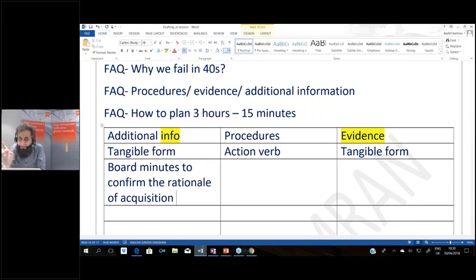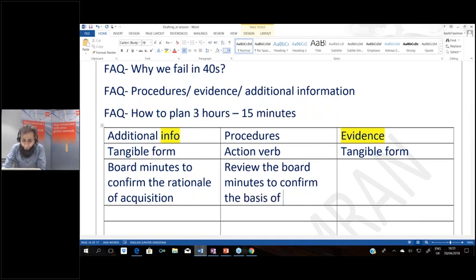See, I started the additional information with the tangible form, board minutes. If I convert this into a procedure, I'll say review the board minutes to confirm the basis of acquisition or rationale of acquisition.